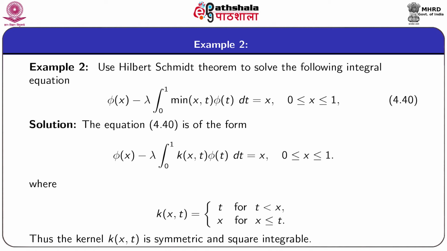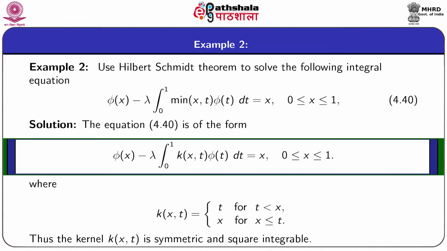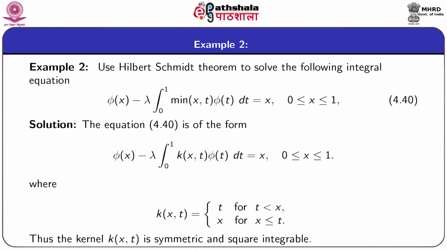Here the kernel of the integral equation given by 4.40 is the minimum of x and t. Now equation 4.40 can be written in the form phi(x) minus lambda integral 0 to 1 k(x, t) phi(t) dt equal to x, x lying in the interval 0 to 1.